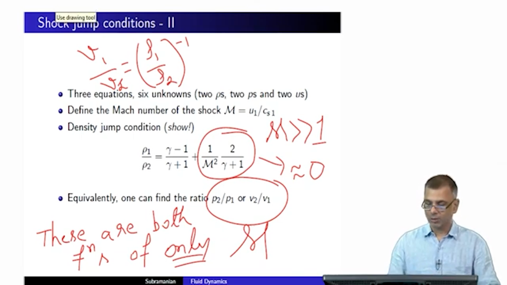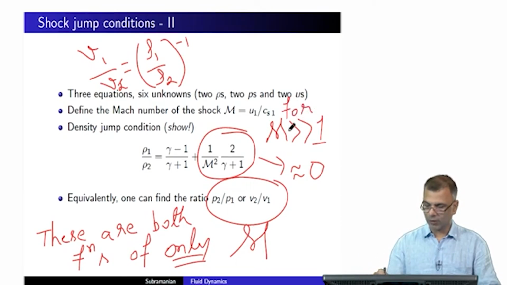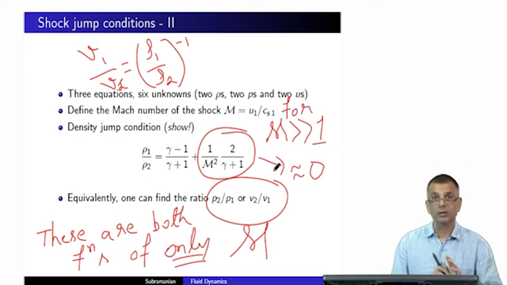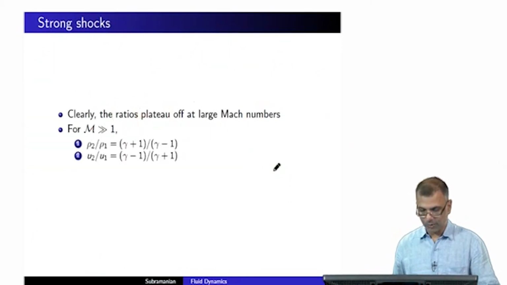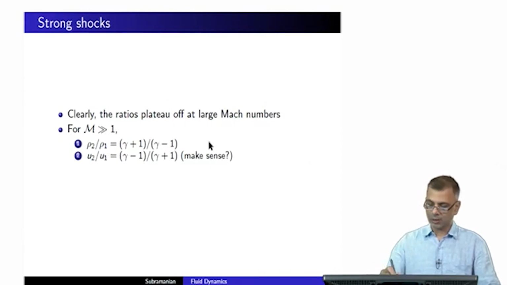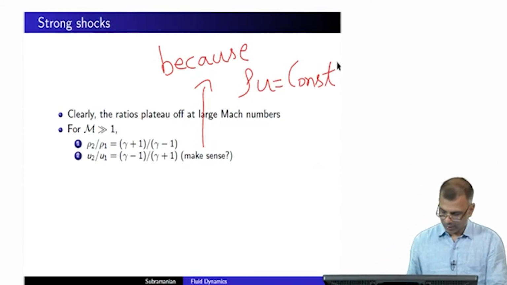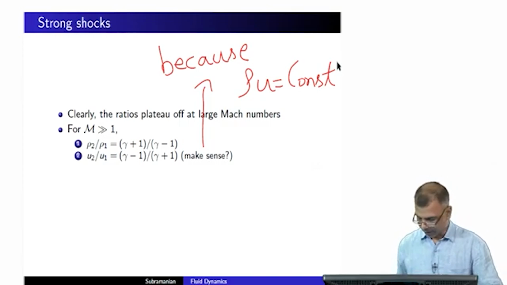Anyway, for very large Mach numbers, this is essentially equal to 0. That is what this is saying. Does it make sense? Of course, it makes sense, right? That is why this is the flip of that.